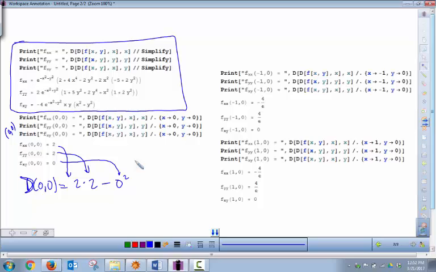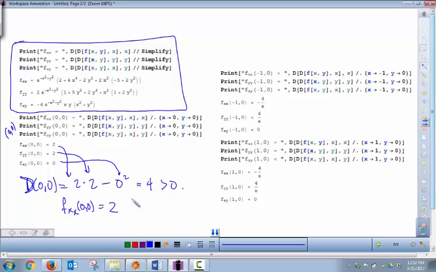According to the discriminant, it's fxx times fyy minus fxy quantity squared. But we have specific values to put in. And so from here, we get that this is equal to 4. Not that the value is important; more importantly, we have to check if it's bigger than 0. If it's bigger than 0, we have to check one more thing, and that is fxx.